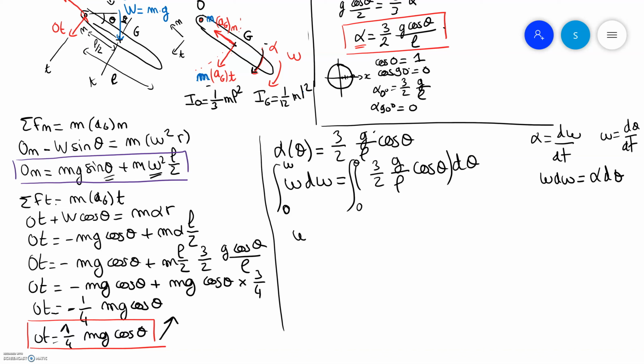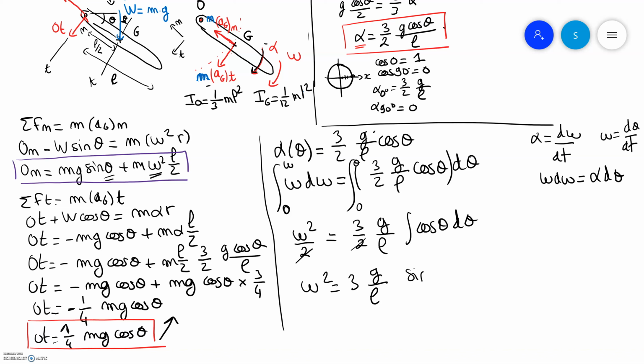So we have omega square divided by 2 on the left, and it's equal to 3/2 g divided by L, the integral of cosine theta d theta. So we can remove the 2 on both sides. So omega square is equal to 3g divided by L, and the integral of cosine theta is sine theta. So sine theta minus sine 0.